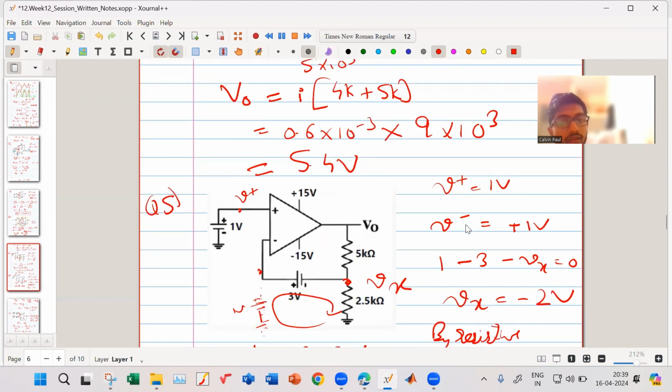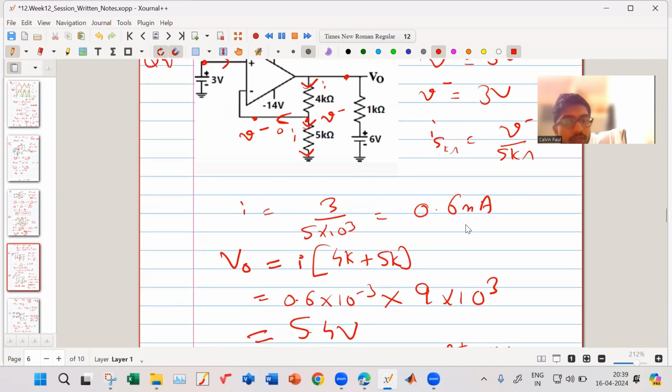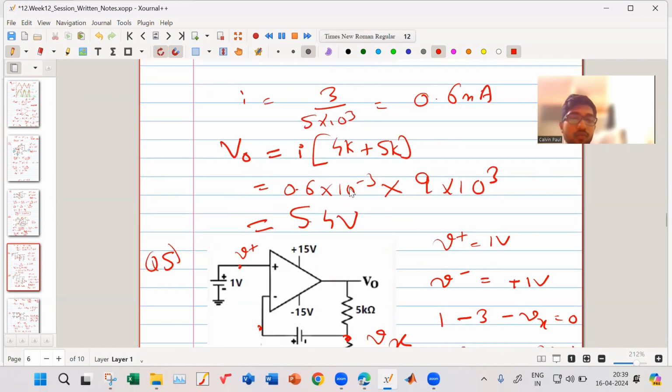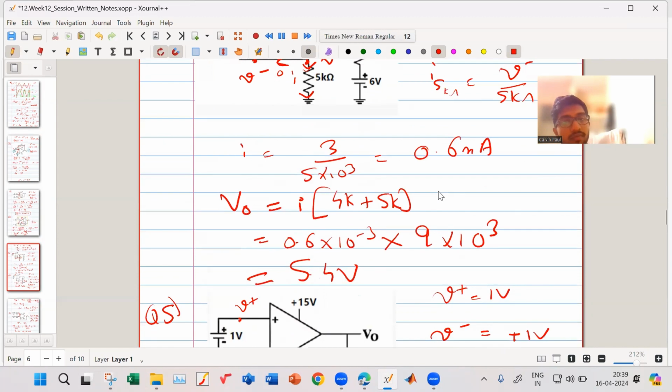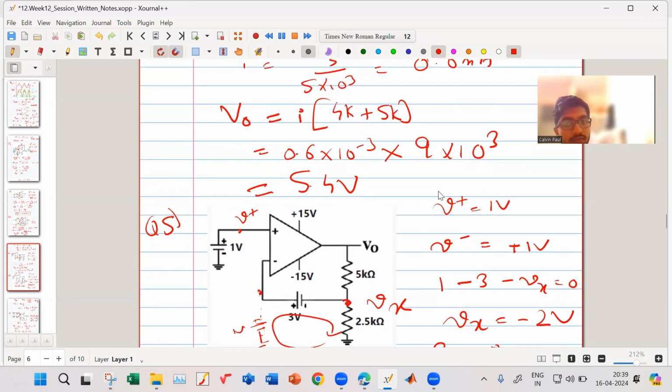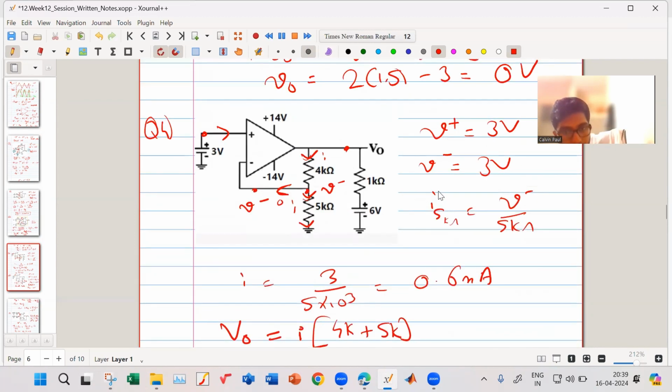Can you scroll up? V naught into 5 kilo ohm by 9 kilo ohm, right? So that is V naught into 5 by 9 is equal to 3 volt. Input is 3 volt.